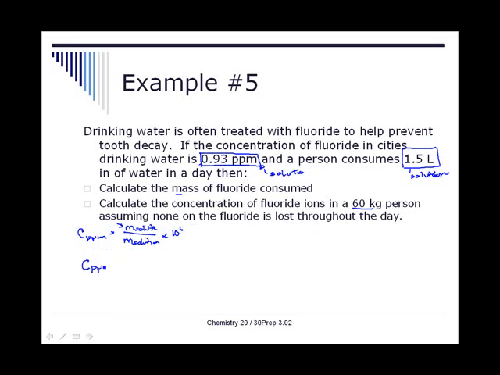I'm going to get concentration in parts per million times the mass of the solution, divide both sides by 10 to the 6th to move our 10 to the 6th over. And so the mass of our solute can be found by taking our concentration, multiplying it by the mass of solution, and dividing by 10 to the 6th.